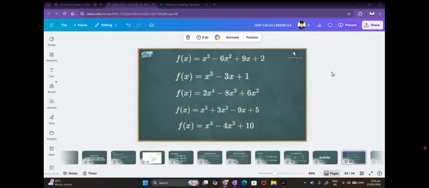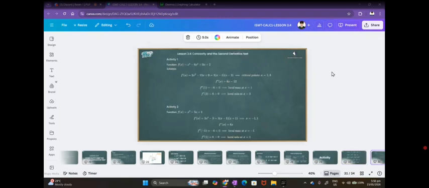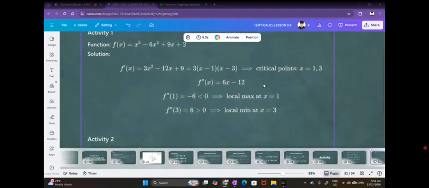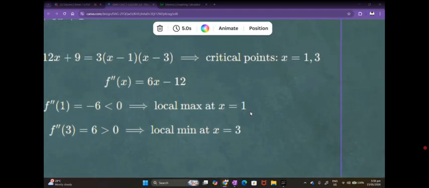Eh, yan guys. So, tama naman po ang ano natin. So, critical points natin is 1 and 3. And, ang ano natin is increasing, decreasing, and increasing.